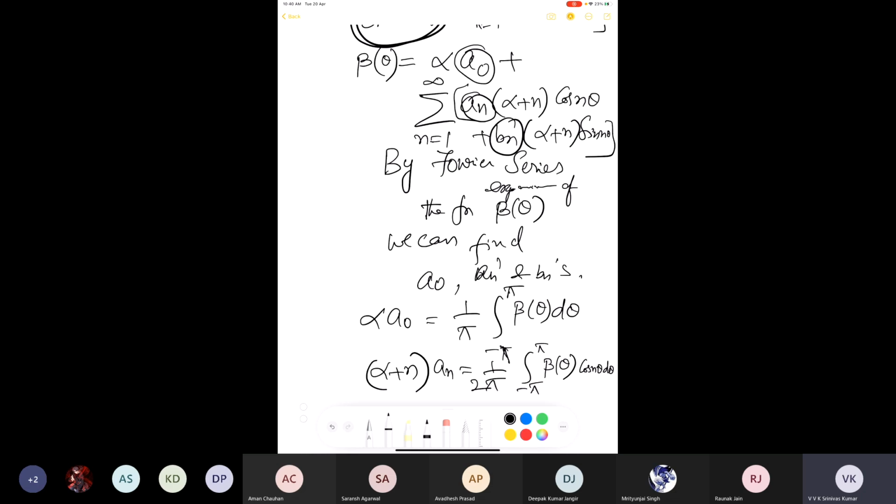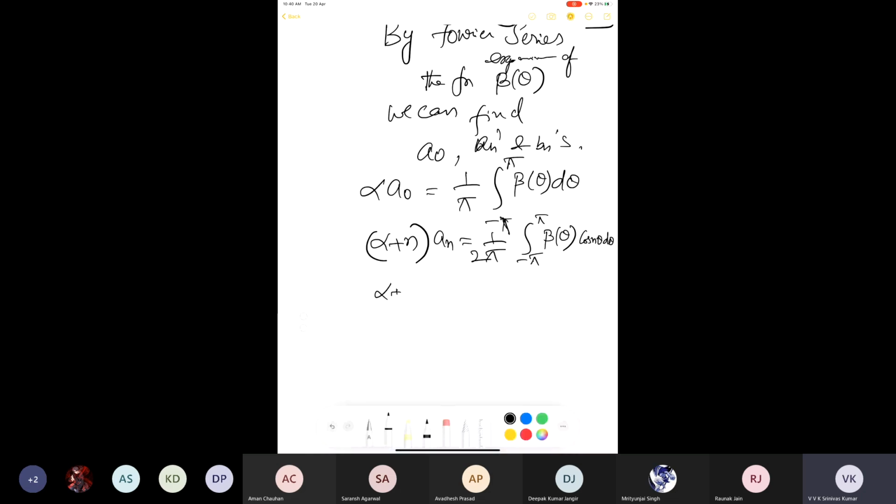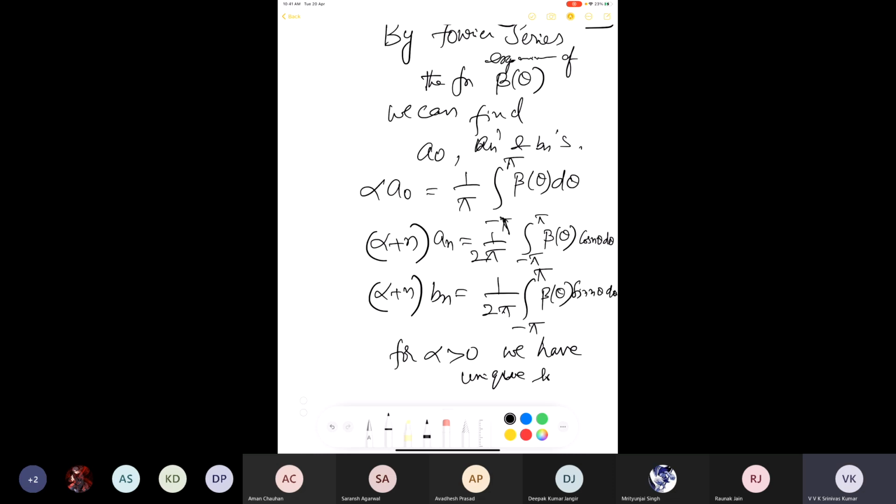And similarly (alpha plus n) times bn is equal to 1 upon pi integral minus pi to pi of beta(theta) sin n theta d theta. These are the coefficients of the Fourier series. So we got everything, the ans, bns and everything. So for alpha positive, we have a unique solution. That is what we are asked to prove, because we can find the coefficients uniquely.